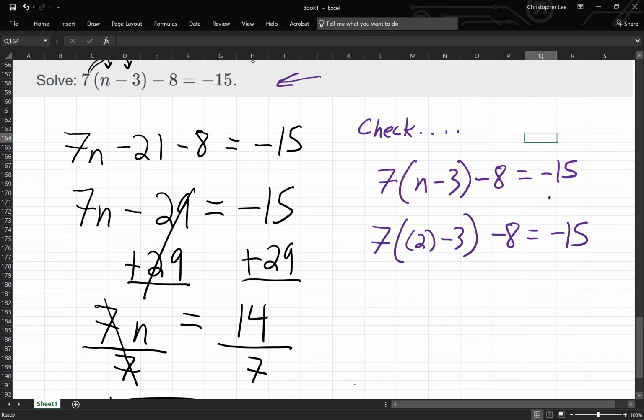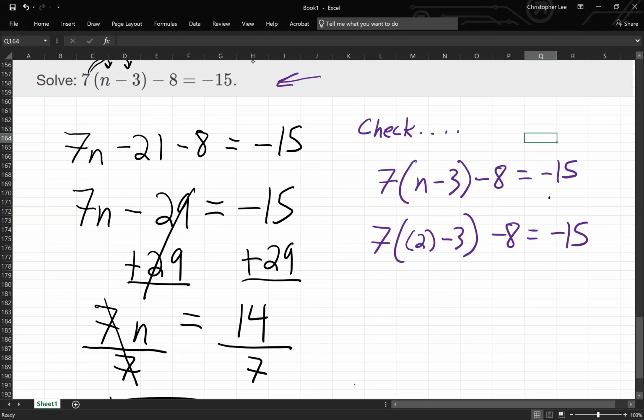Now here's my goal. I want to make the left-hand side equal the right-hand side, right? If the left-hand side equals the right-hand side, I'm good to go, right? That means that the answer works and that's a solution. Let's try it out. So what should I do first? Say it again. Not the 7, the parentheses, right?